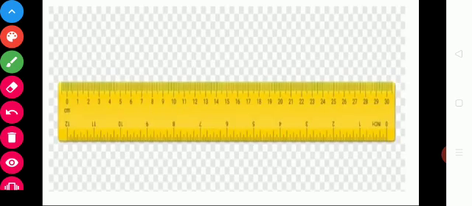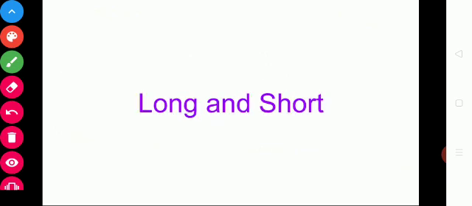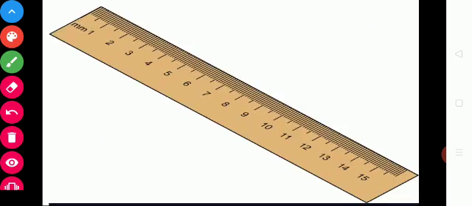Using a ruler. Yes? Yes. In this lesson, we are going to learn about measurement. In chapter 2, what is the lesson name? Long and short. So, look at here. What is this? Ruler.